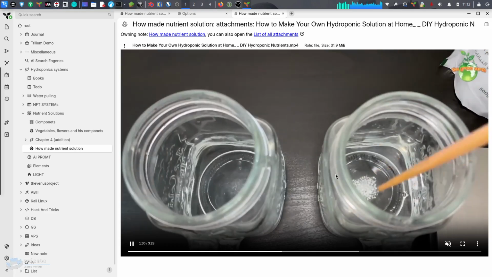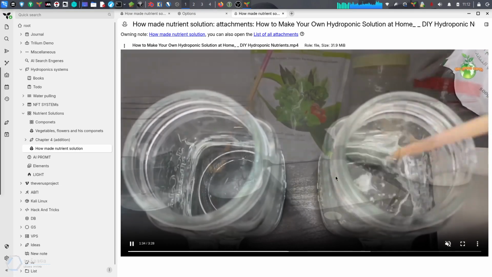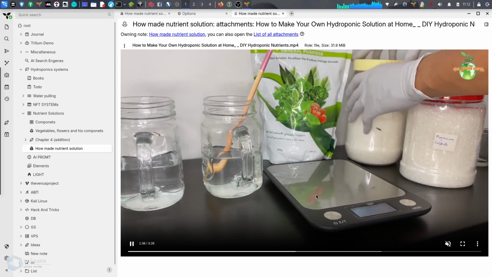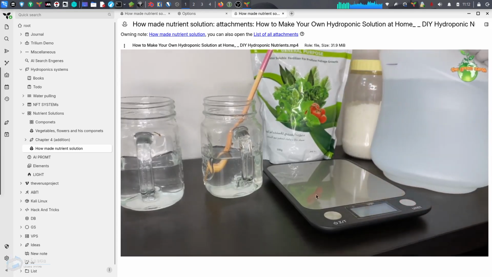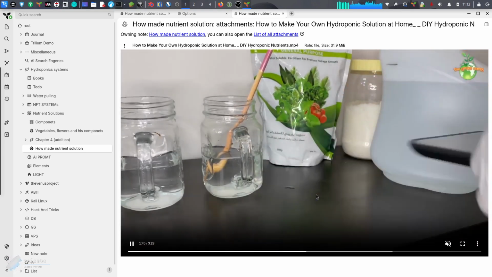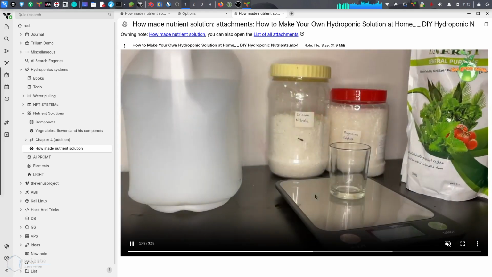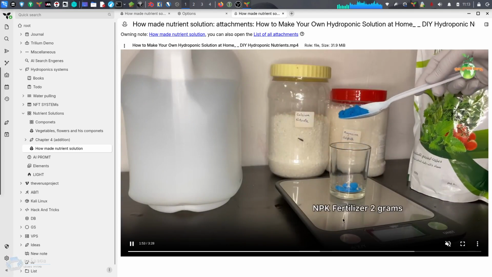When he created his mix and adds it into the tank, a pump in the tank flows nutrient solution to the plant roots, if this is an NFT system, and the other NPK fertilizer 2 grams.